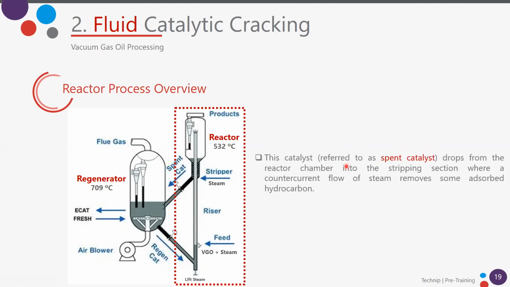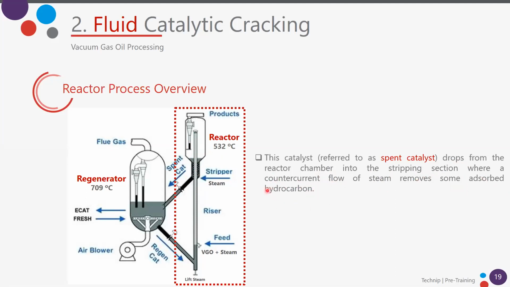The catalyst, referred to as spent catalyst, drops from the reactor chamber into the stripping section, where counter current flow steam removes some adsorbed hydrocarbon. So the catalyst will go in this direction through this stripper, where we inject steam to remove some adsorbed hydrocarbon.